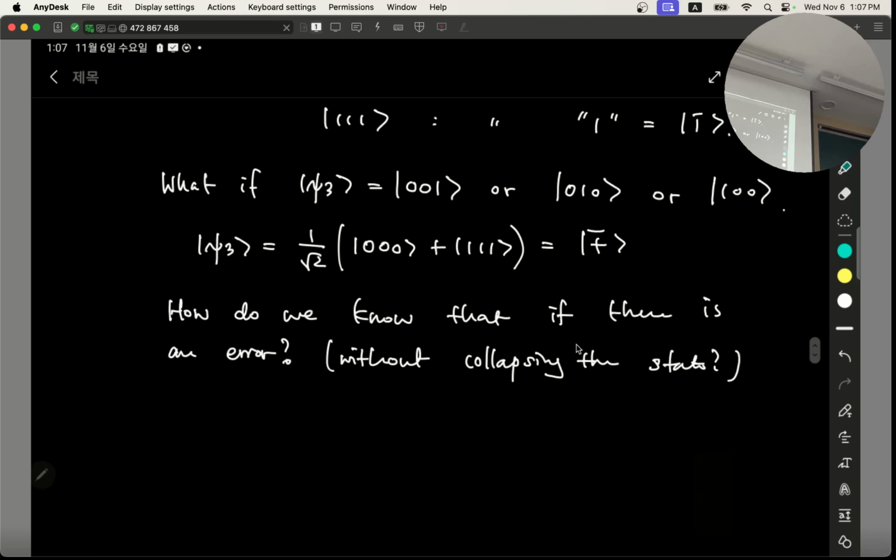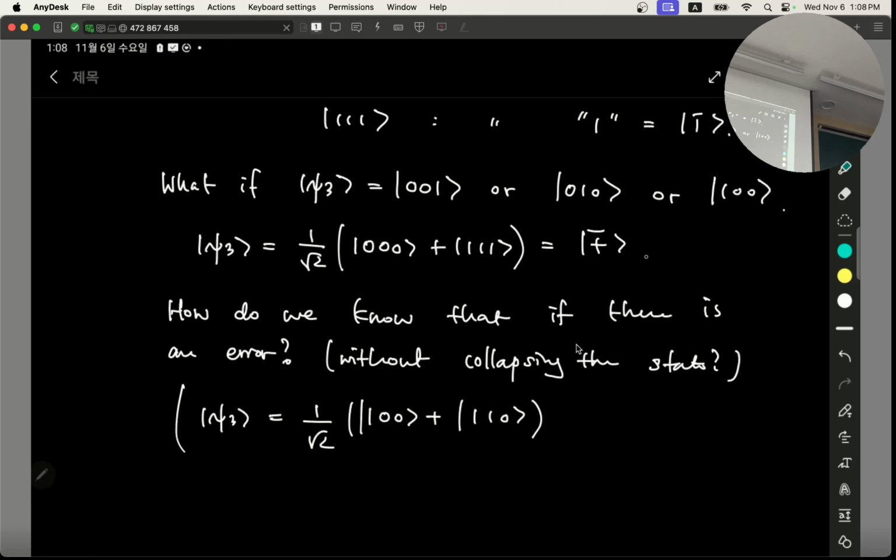So, for example, our state could have something like this. Let's say it's 1 0 0 plus 1 1 0. I want this state to still be considered the same as the logical plus state, but I also want to detect an error for the future purpose, so that I can consider that in a future circuit. If this happens, I could take a measurement.